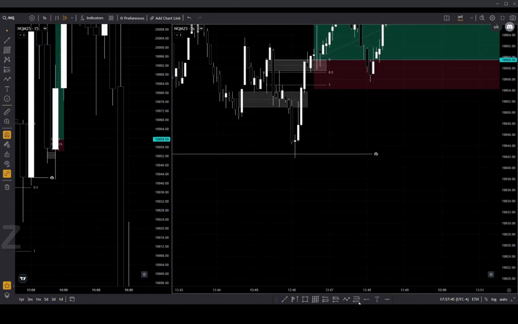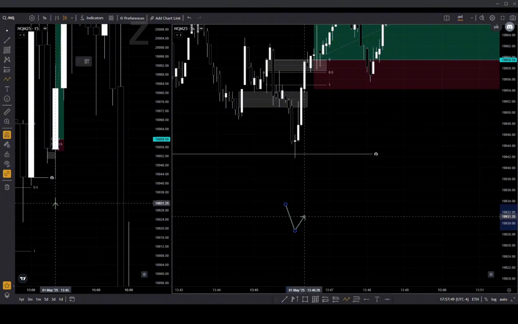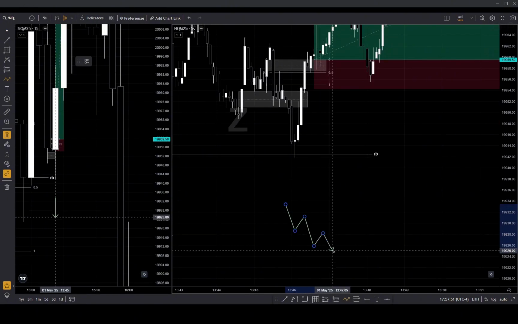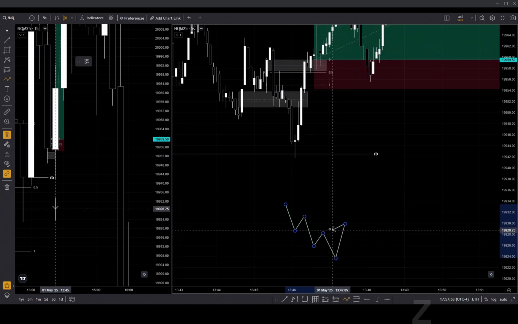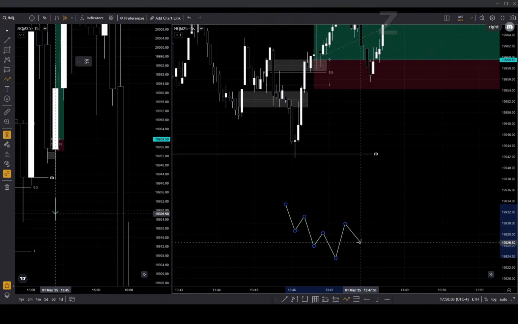A change of structure is a high, a low, a high, a low, a high, a low, and then a new high above that high, right? You know that is a change of structure. But by the way, you have to understand the market structure because sometimes we have a different change of structure, something like this.